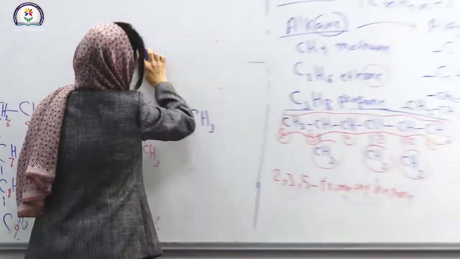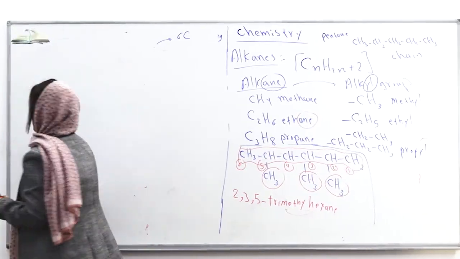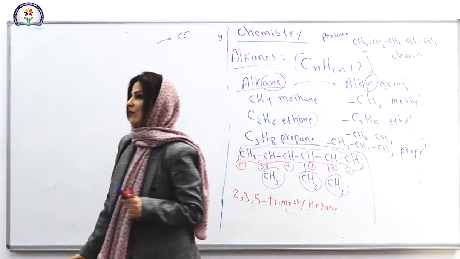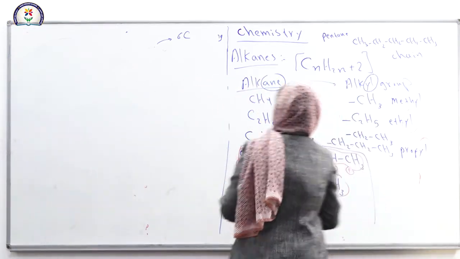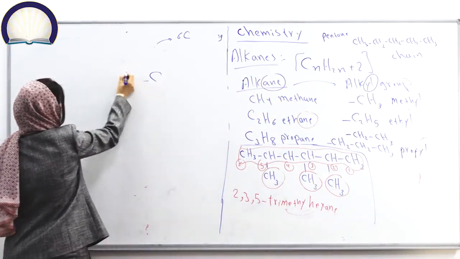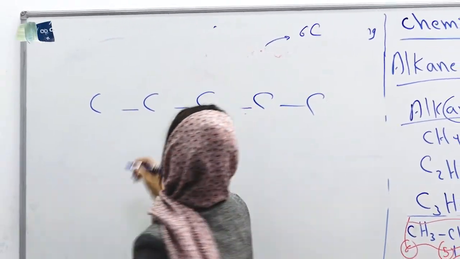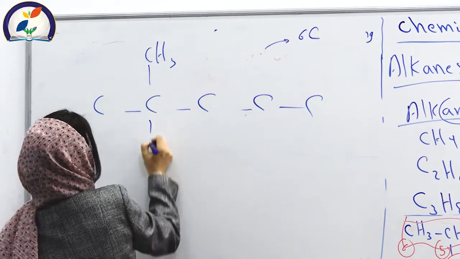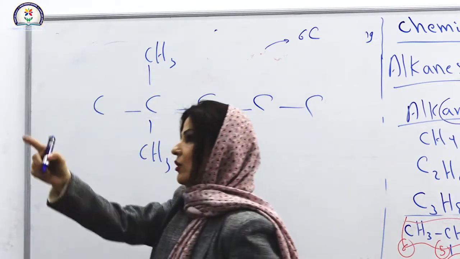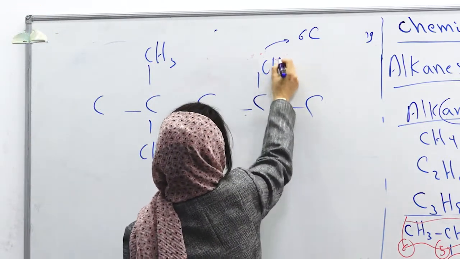How to choose the correct term? How many carbon do we have here? We have 5 carbon atoms, 1, 2, 3, 4, 5. And here we have CH3, and also here we have CH3.